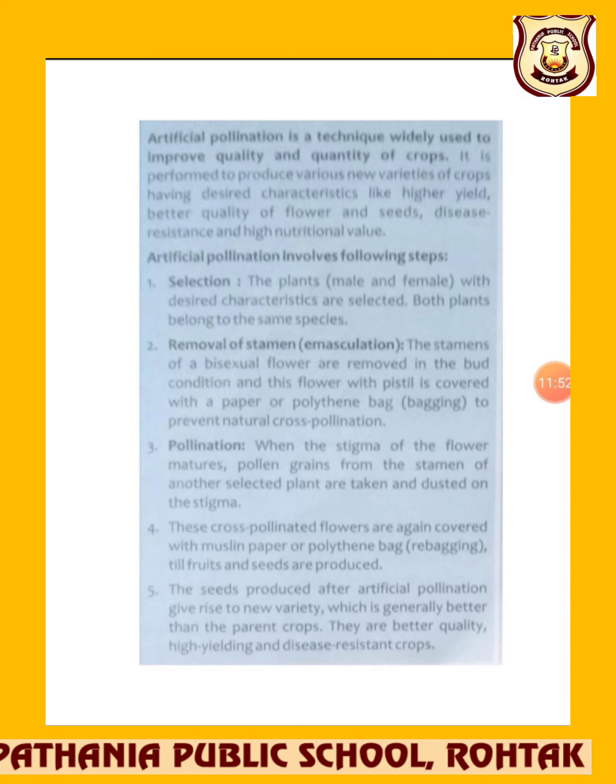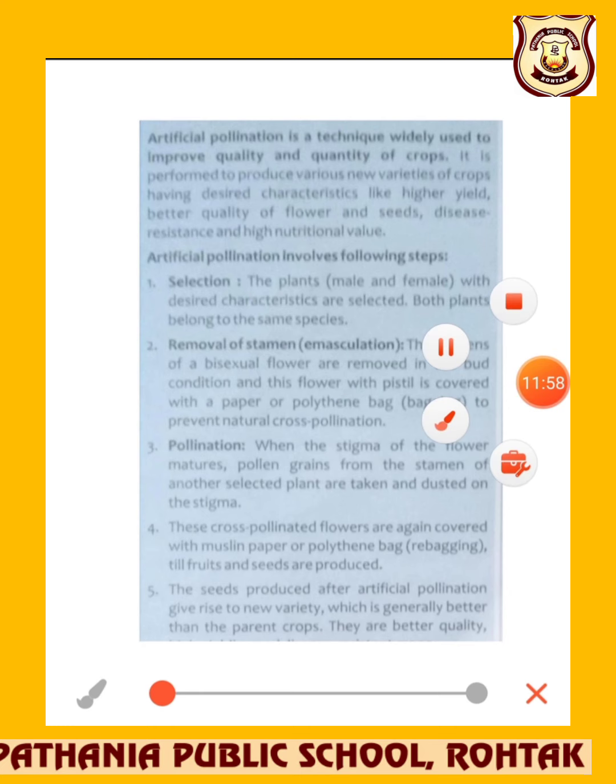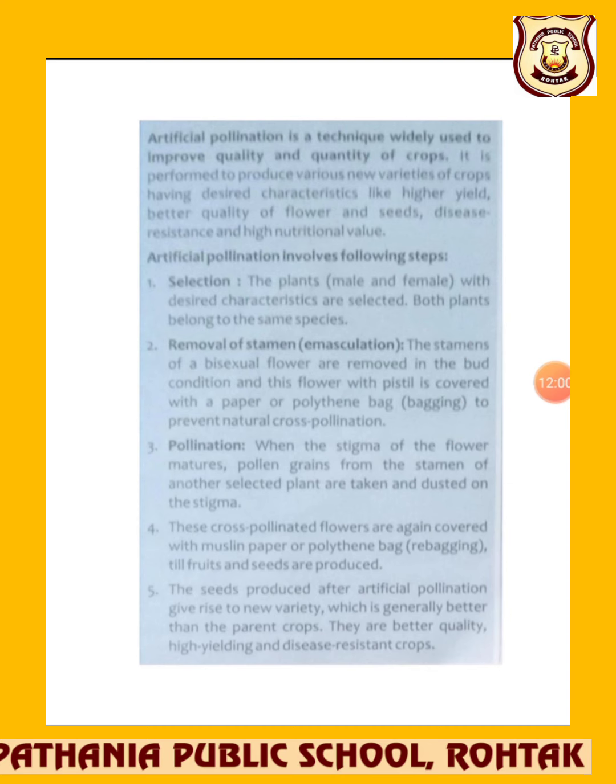Now we are going to study artificial pollination. It is a technique which is widely used for improving the quality and quantity of crops. So artificial pollination is done by humans to produce various new varieties of crops having desired characteristics: high yield, better quality of flowers and seeds, disease resistance, high nutritional values.